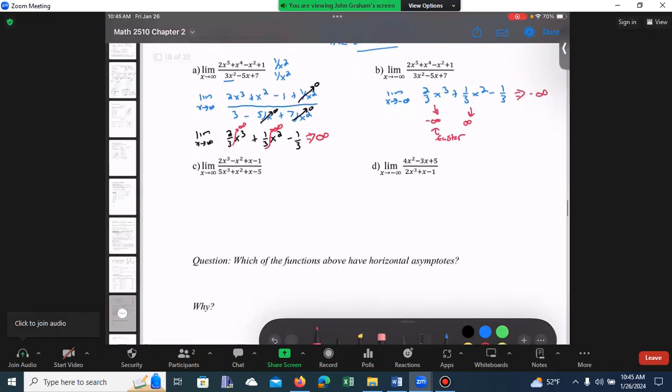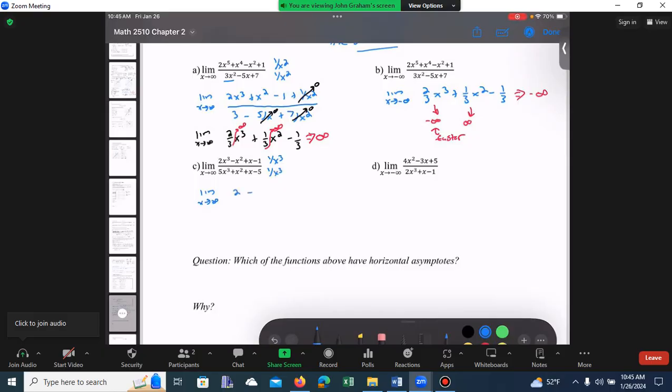All right, so let's do the next one. 2x cubed minus x squared plus x minus 1 over 5x cubed plus x squared plus x minus 5. And we're going to have this go to infinity. So same thing, divide by the highest power in the denominator. We divide all terms by x cubed, multiplying by 1 over x cubed.